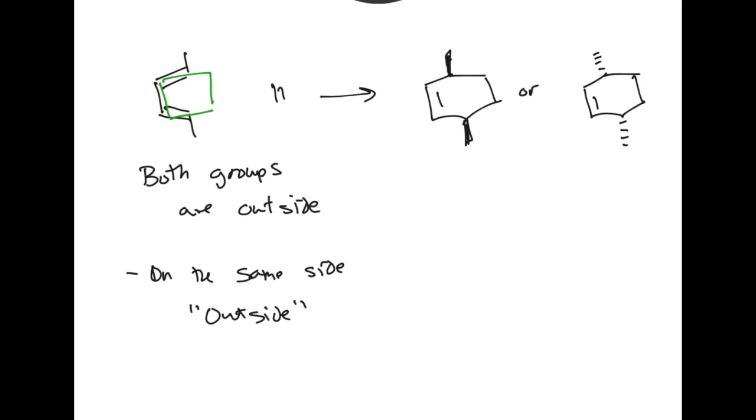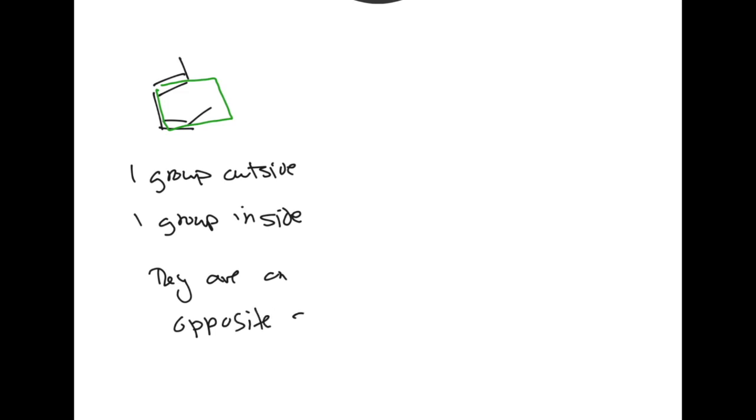And then I can have my groups be on opposite sides. So you're going to have my box. But here I have one group outside my box and one group inside my box. They're on opposite sides.